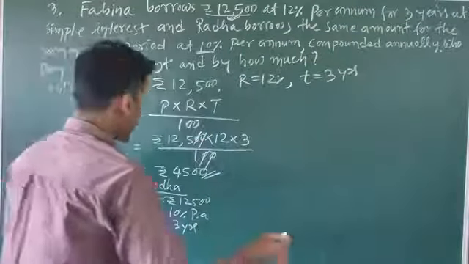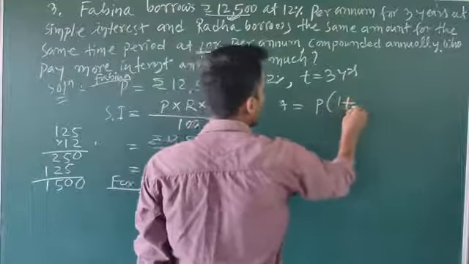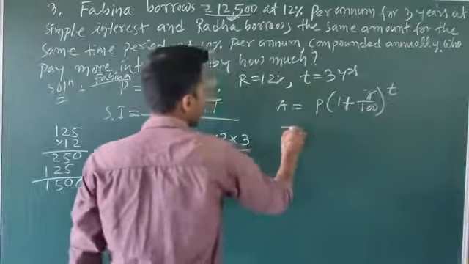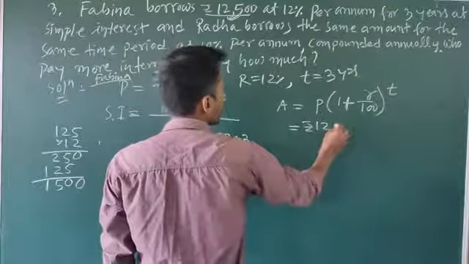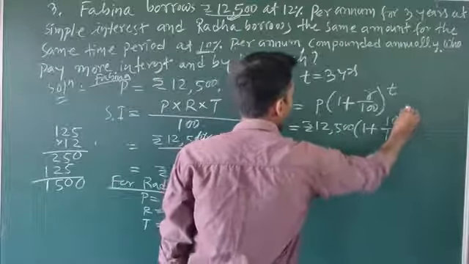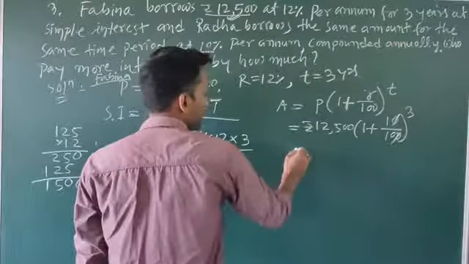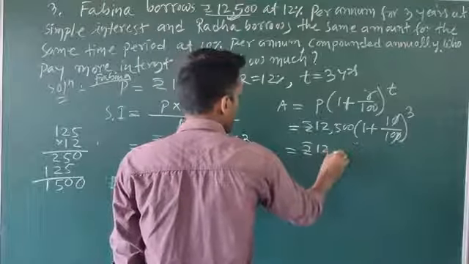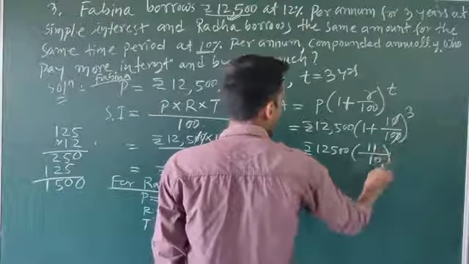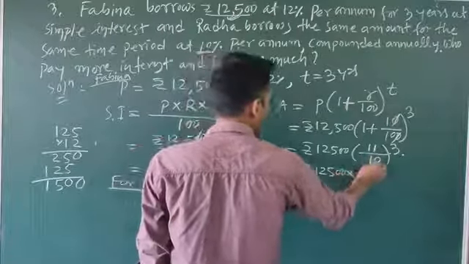Now first you find the amount. The amount formula: you write principal into 1 plus r upon 100 to the power time. Principal amount is 12,500, 1 plus rate 10 upon 100, time is 3. The 0 0 you cancel. 12,500, 10 plus 1 is 11. 12,500 into 11 by 10 to the power 3.